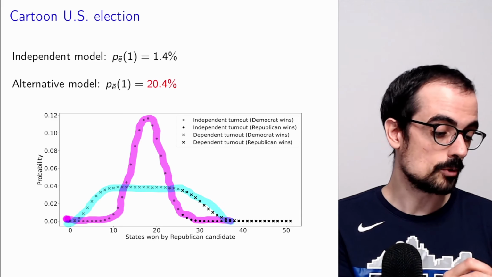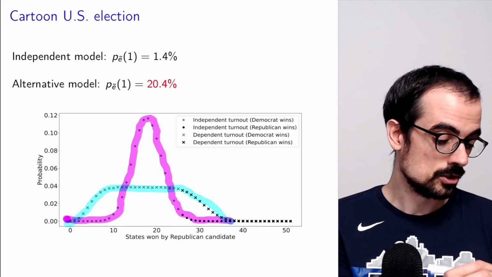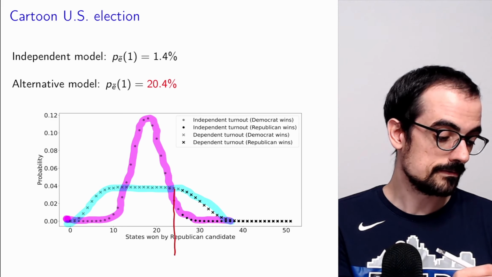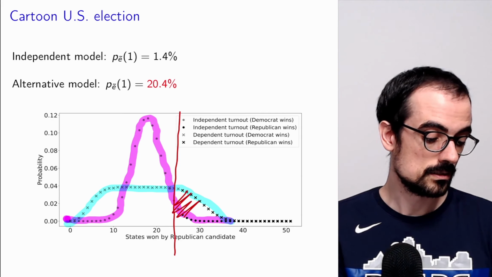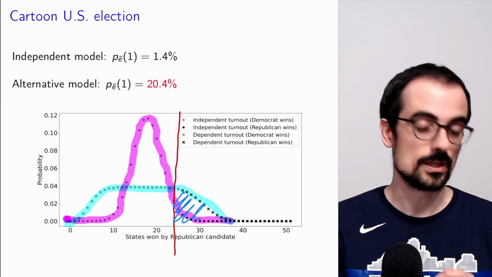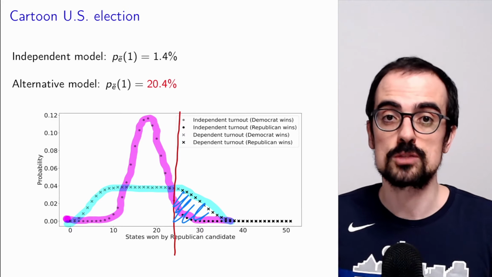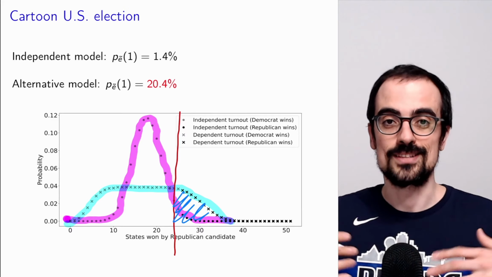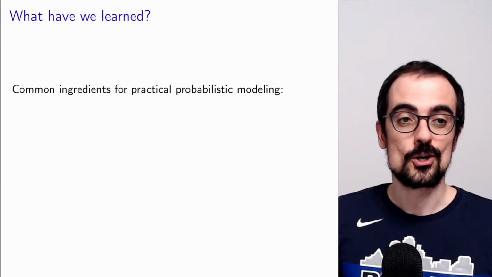So when we look at the probability of being to the right of 25, approximately there, then the model with dependencies, maybe I should put it in blue, has much higher probability. Okay, it has much more uncertainty because of the fact that the rural turnout is dependent. Hopefully that makes sense.